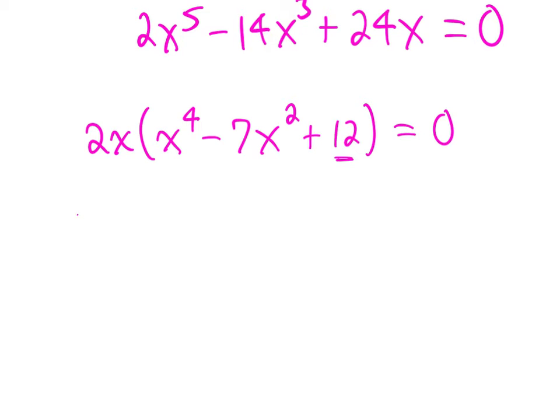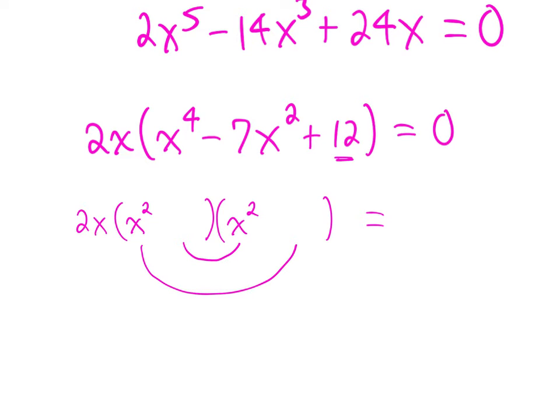We have 2x times, and we need factors of x to the 4th. What are the factors of x to the 4th? Those are going to be x squared and x squared. Now we need factors of 12. Let's do the smiley face right here so we can see it all nicely. We need factors of 12 that add to negative 7, and since it's positive 12, they both have to be negative to multiply to a positive and add to a negative.